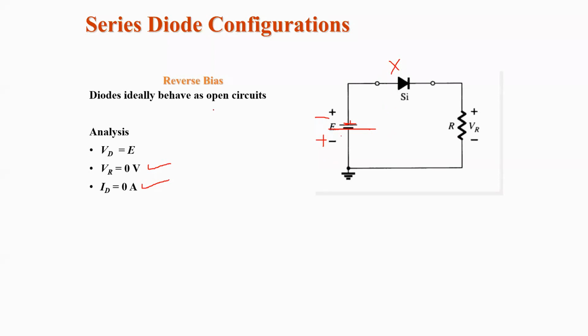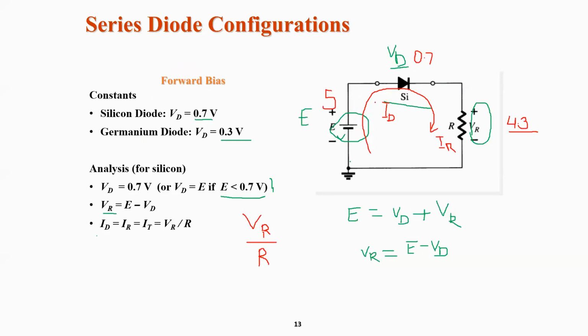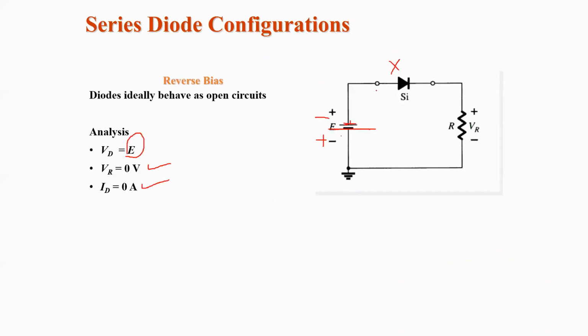So when you are operating your diode in reverse bias, that means the entire voltage of the battery will be applied across the diode. While in the case of forward bias, if you are applying a battery, the voltage across the diode will be only 0.7 volts. While in the case of reverse bias, your entire voltage will be across your diode.